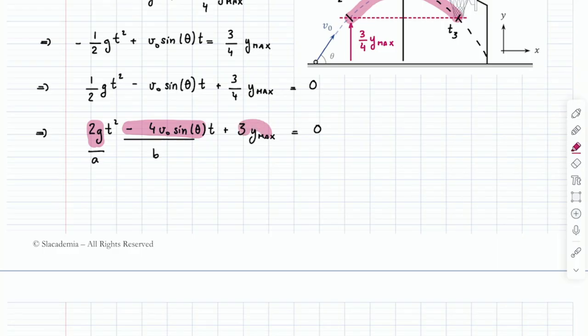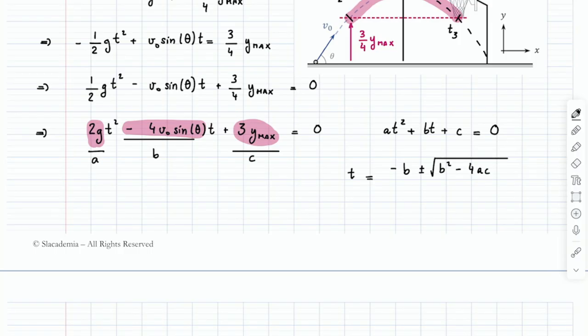And then this term here is c, right? If you're arguing something of the form at squared plus bt plus c is equal to 0. And as a reminder, just real quick, not x because the unknown is t really. t would be minus b plus or minus the square root of b squared minus 4ac, divided by 2a.